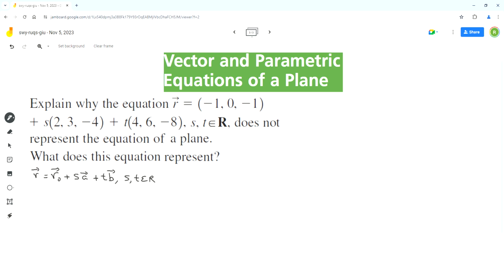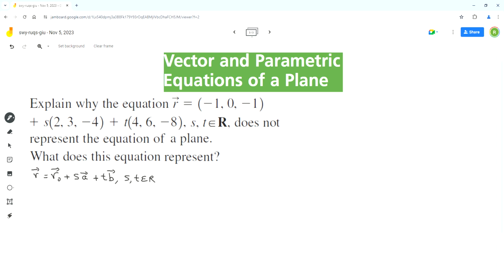In this equation, vector r represents the position vector of an unknown point that lies on the plane. Vector r0 represents the position vector of a known point that lies on the plane. S and t are parameters and they can be any real number. And vectors a and b are non-collinear direction vectors for the plane.